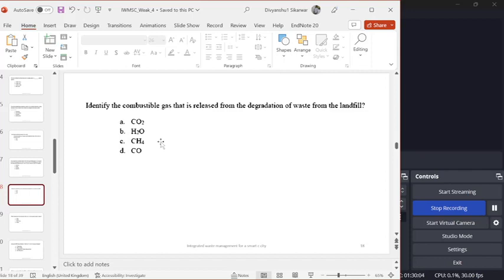Three options were there, but since "is" was used, I selected only one option, so I got only 0.6 marks. Mostly, if such a situation arises, normally there are multiple correct answers. I knew that, but I answered the most appropriate one since it asked "is." Just 1 minute, Divyanshu.